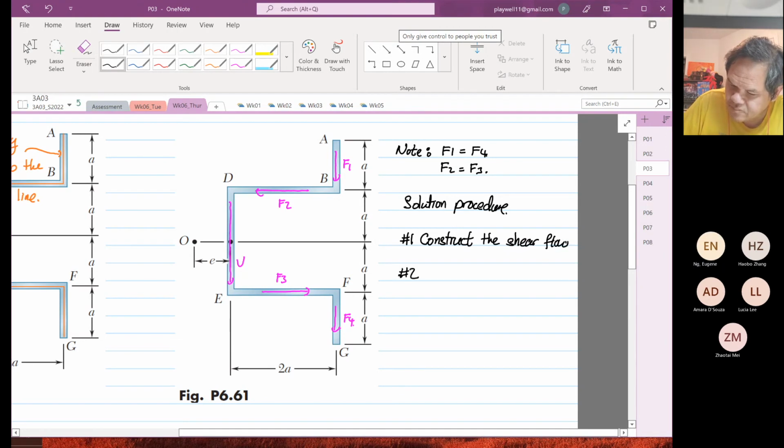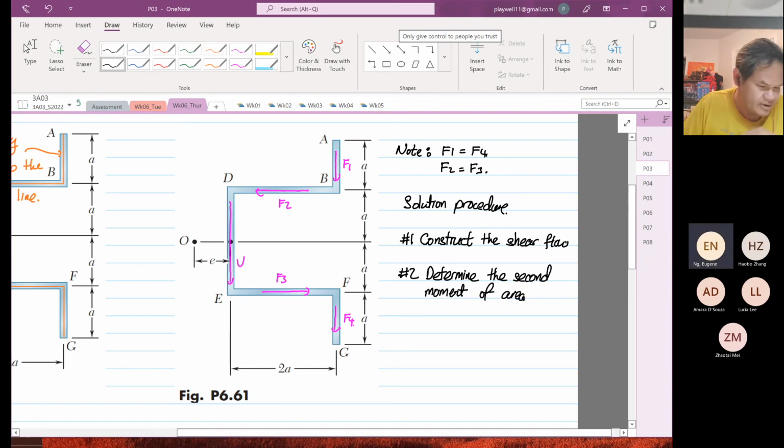Second one, determine the second moment of area. And then the third thing we do is apply shear stress is equal to VQ over IT, or q is equal to VQ over I, either one.